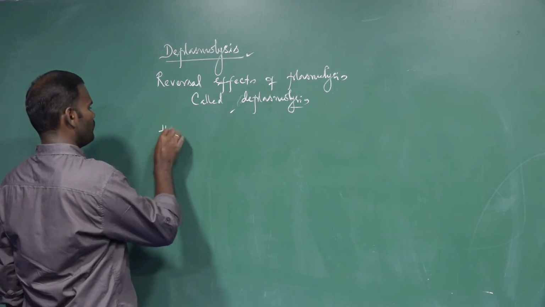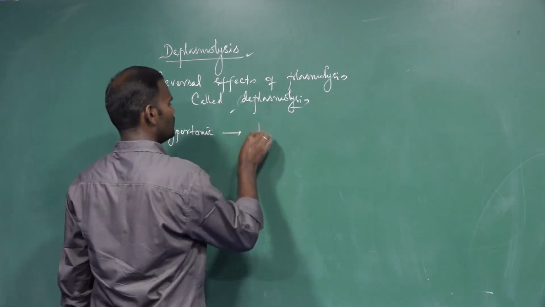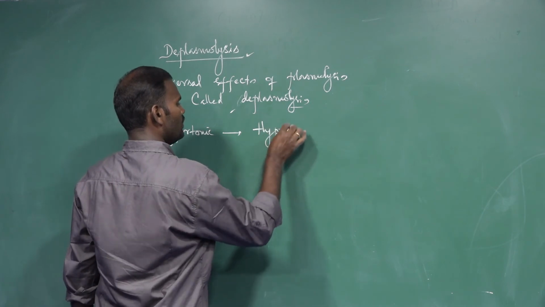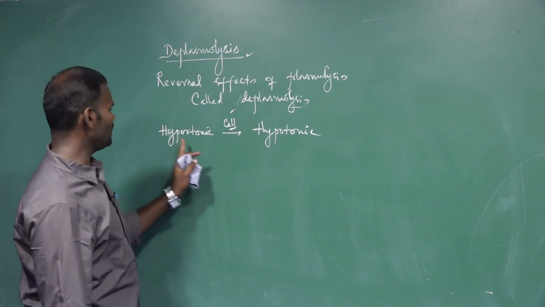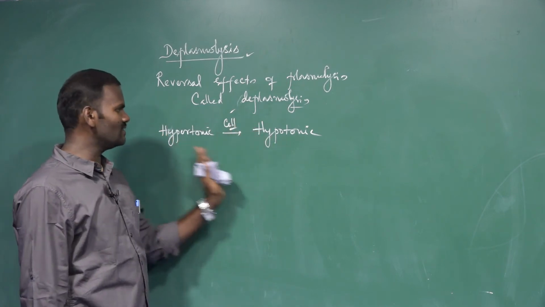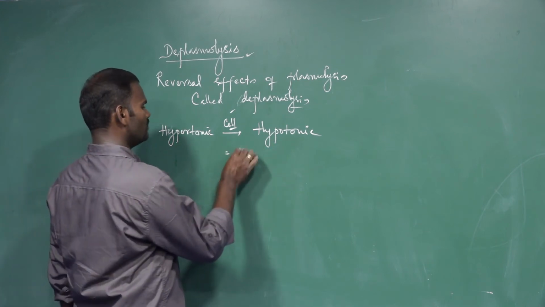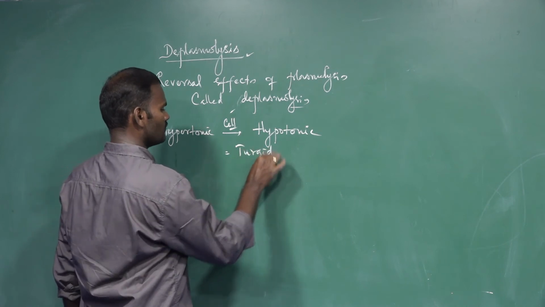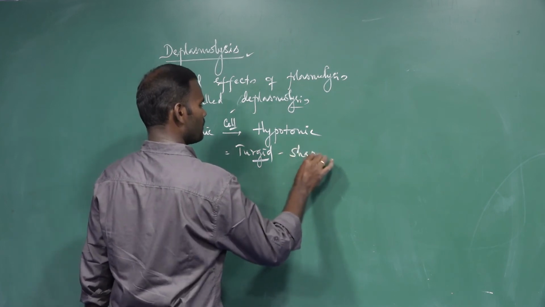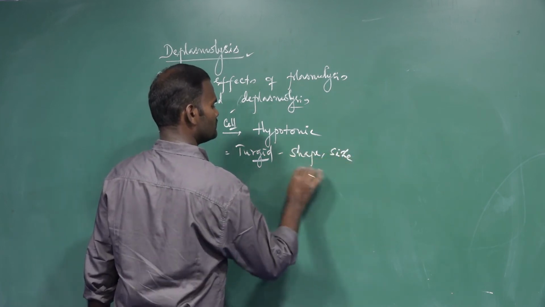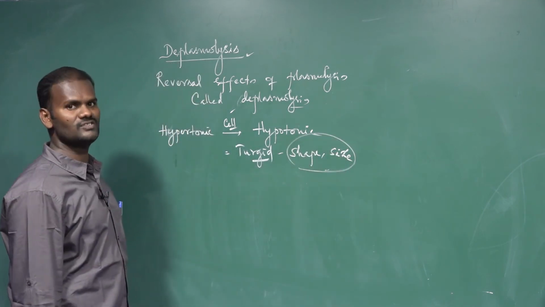When the cell is transferred from hypertonic to hypotonic, the process reverses, and the water automatically enters the cell, which becomes turgid. The cell becomes turgid and maintains its original shape and size. This phenomenon is called deplasmolysis.